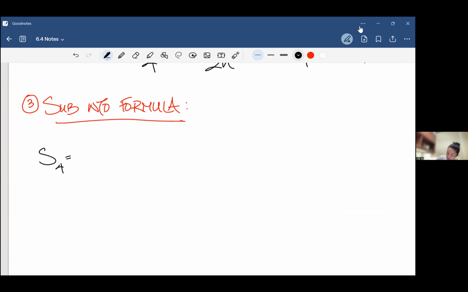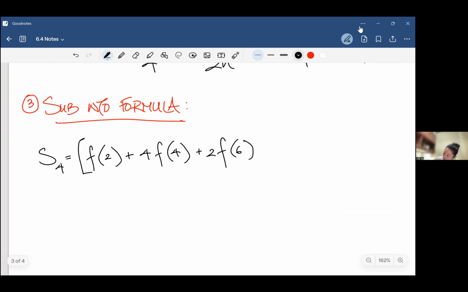I'm going to plug in the first y value, f of 2, plus 4 times the second y value, plus 2 times the third y value, plus 4 times the next one, and then the last y value only happens one time, f of 10.